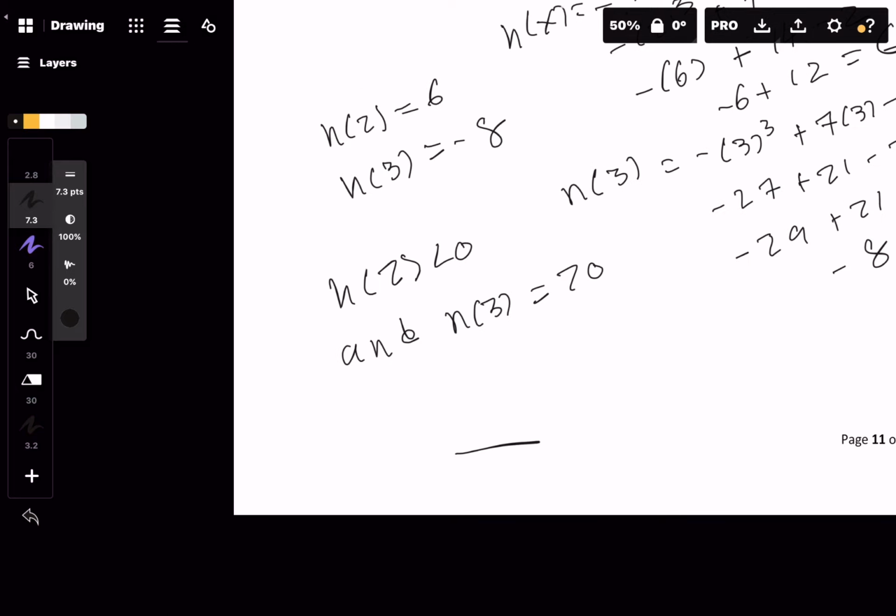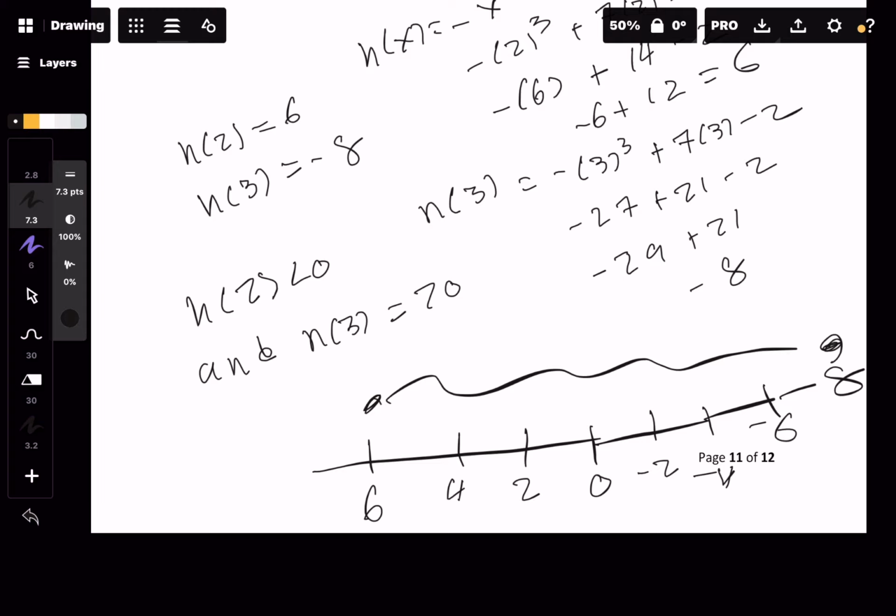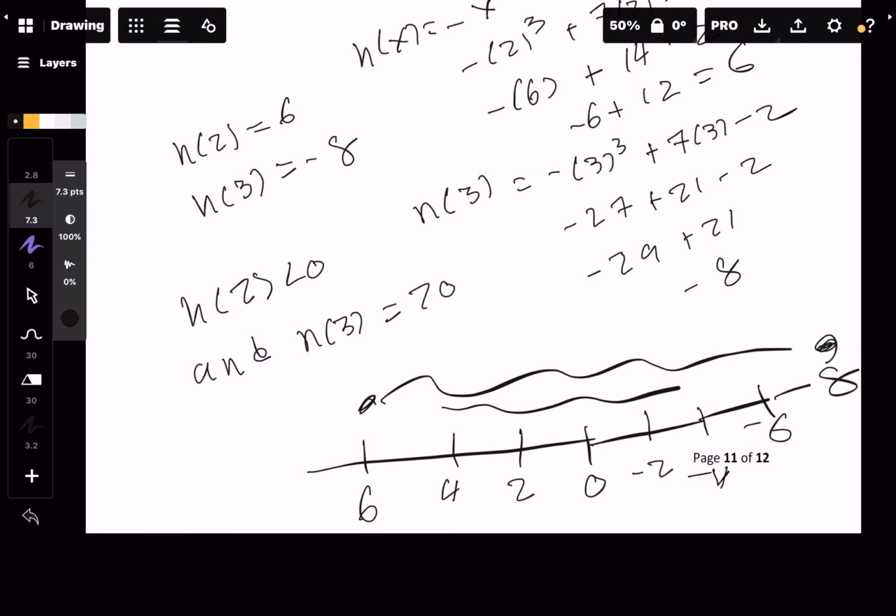Since if we look at this on a chart, we have negative 8 over here and a positive value over there. That means there must be a value of 0 in between these two values. Okay, thank you.